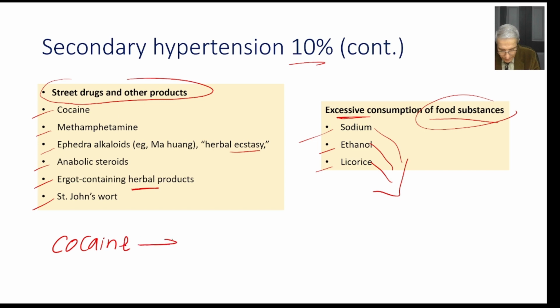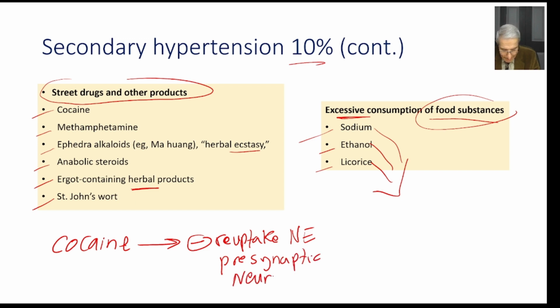If you speak about cocaine, cocaine inhibits reuptake of norepinephrine from the presynaptic neurons, and this will lead to increased availability of epinephrine in the neuron.